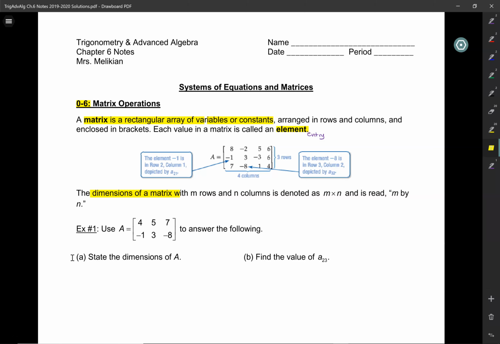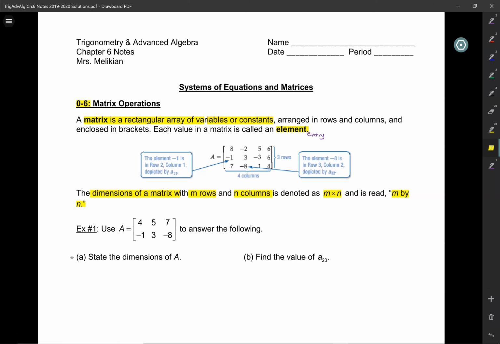But it's very, very specific. You say the number of rows first, we usually say m rows, and the number of columns, n columns. M rows, n columns. We write it as, the dimensions of this matrix are m by n. That's how we read that, m by n.